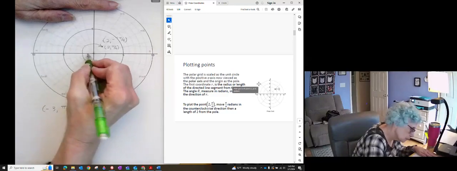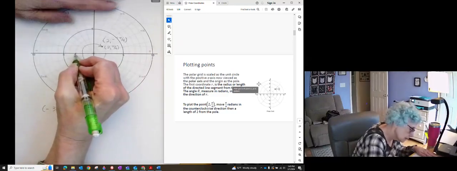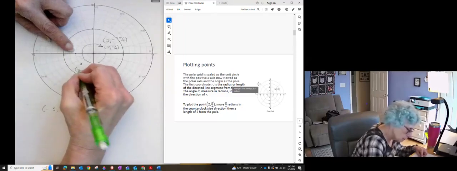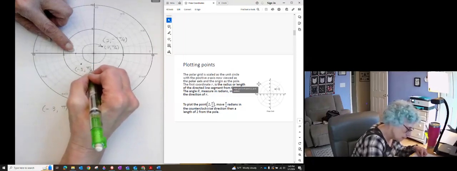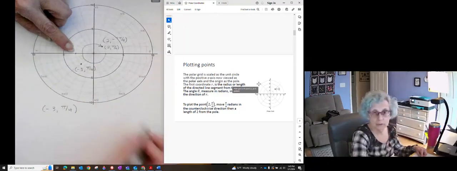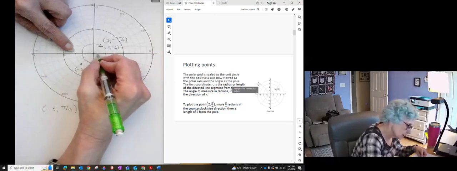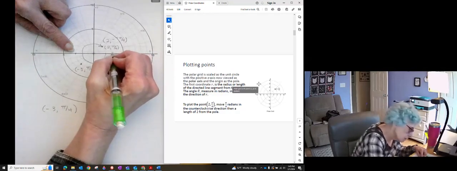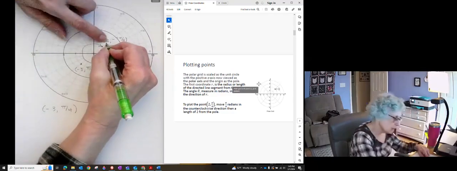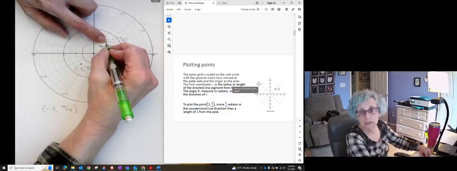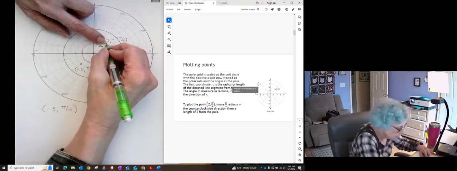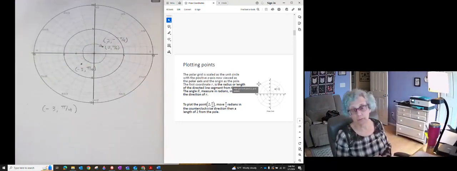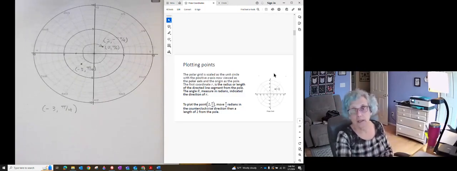Either you move 1, 2, 3 in the negative direction and then go to pi over 4, so (-3, pi over 4). Or you think about moving 3 units in the positive direction at pi over 4, and then just reflect it back over the pole. So that's how we plot negative points.